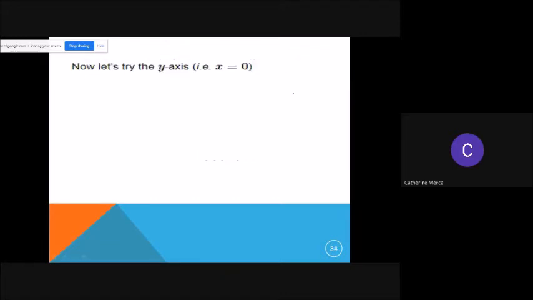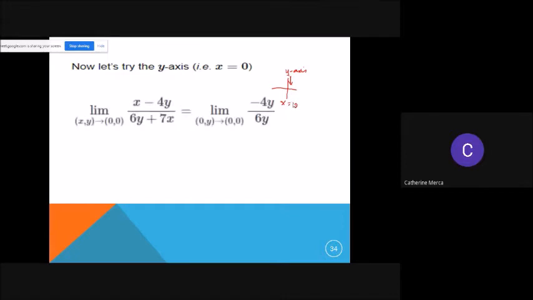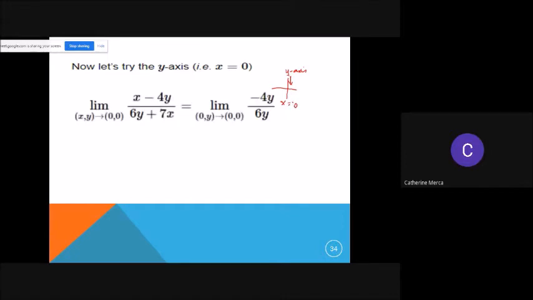Now, let's take a look at the value of the limit when you pass through the y-axis. So, when you have the y-axis na, dali na po mo agi sa y-axis, the value here is x equal to 0. Now, pulihan na po ni, kaning this one, x here, you have to change that into 0.